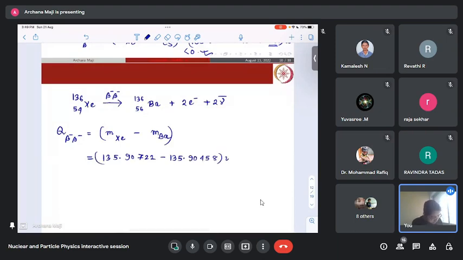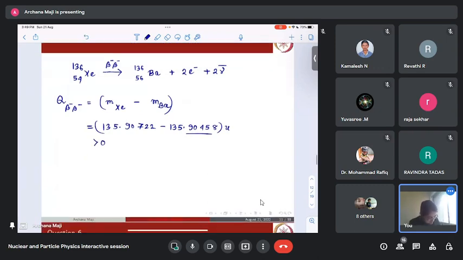Since this value is small compared to that, this is of course greater than 0. So that means the double beta decay of xenon is energetically favored.